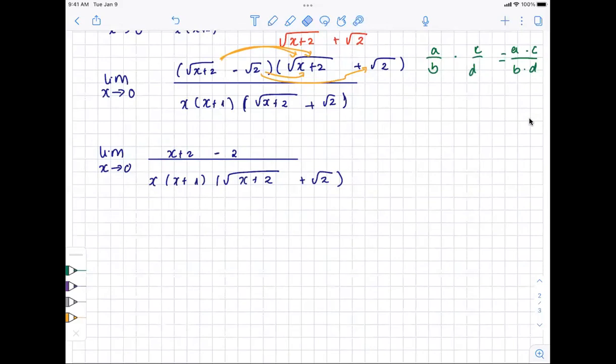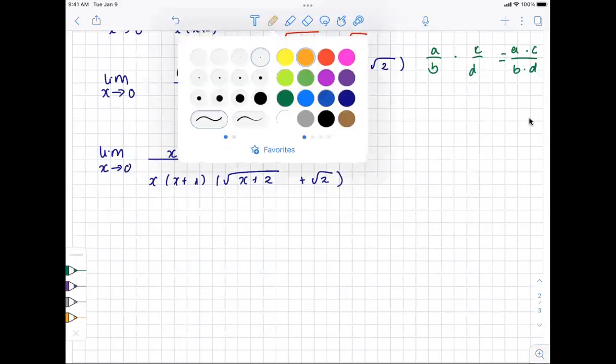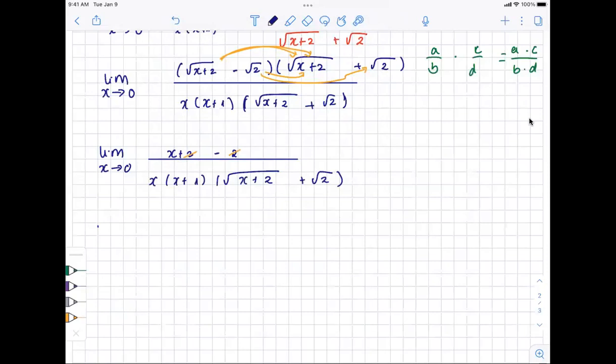Now in the numerator, I can cancel out the 2, because I have plus 2 and minus 2. So now my limit will be the limit as x approaches 0 of x divided by x times x plus 1 times the square root of x plus 2 plus the square root of 2.